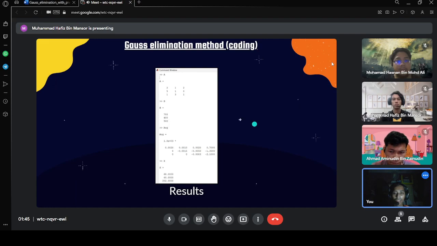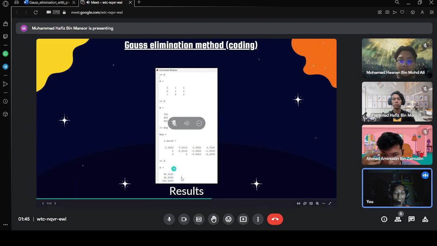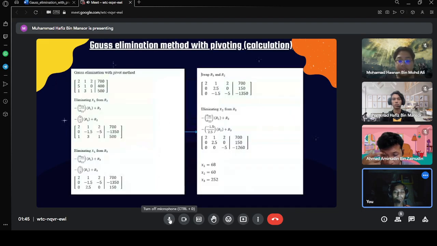Then we type augment to get 0 for row 3 and row 2, and there will be a difference in the values for row 1, row 2, and row 3. After we command it, it gives the final answer, which is the same as the manual calculation. Okay, thank you.